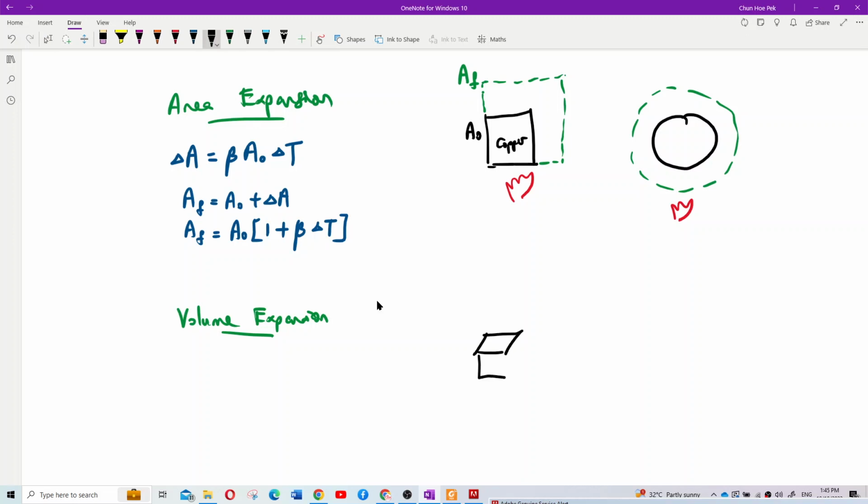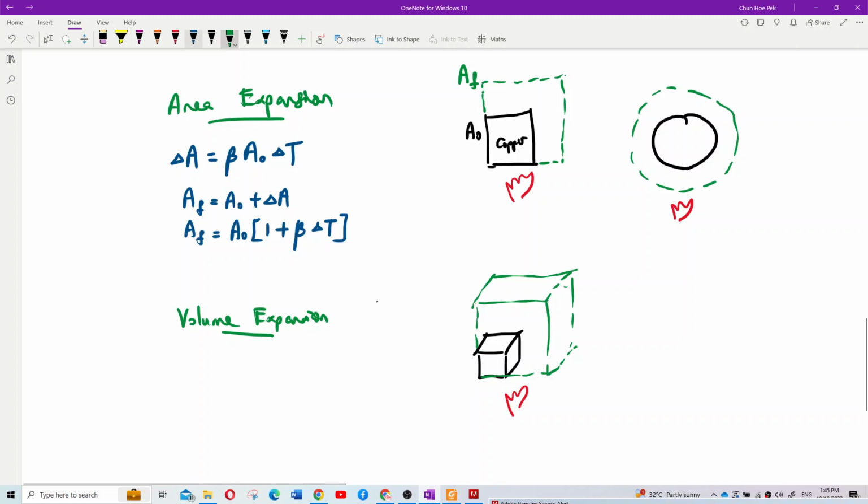A copper cube. I heat it up, and now it becomes bigger. Once it is heated up, it also becomes bigger, so just draw a bigger cube. Yeah, that's it. Once it is heated up, it becomes bigger, right?